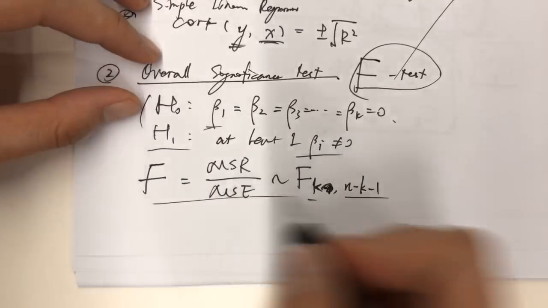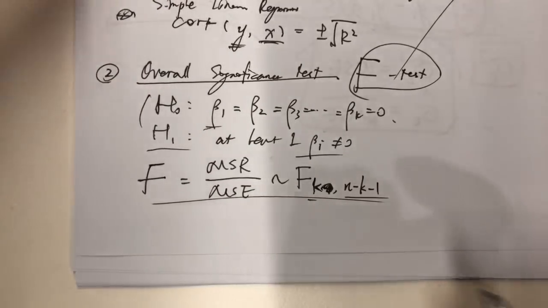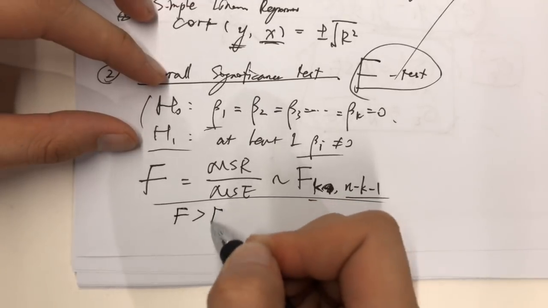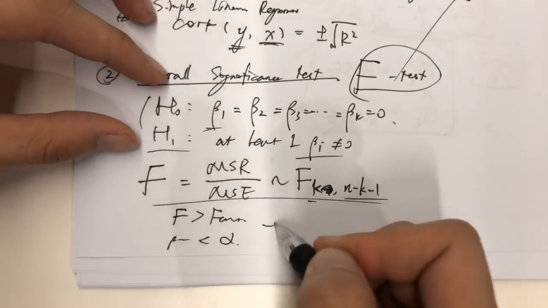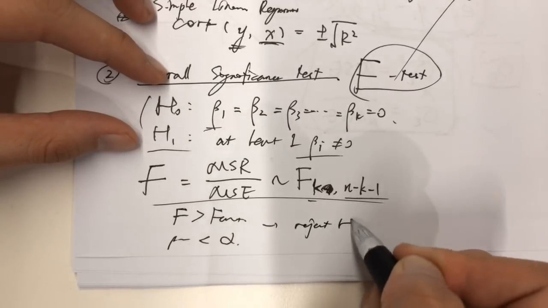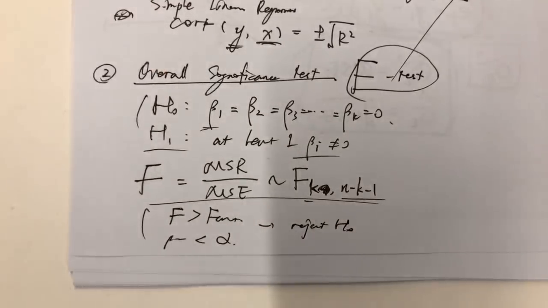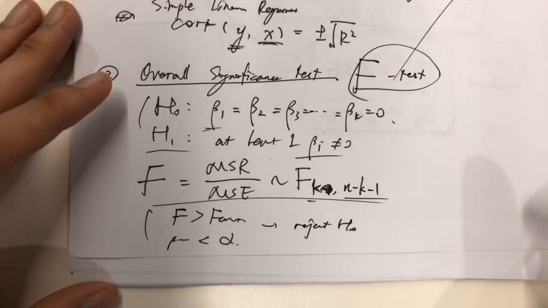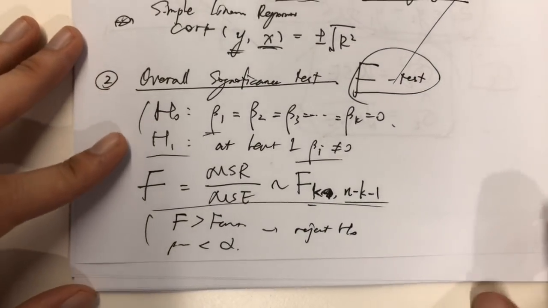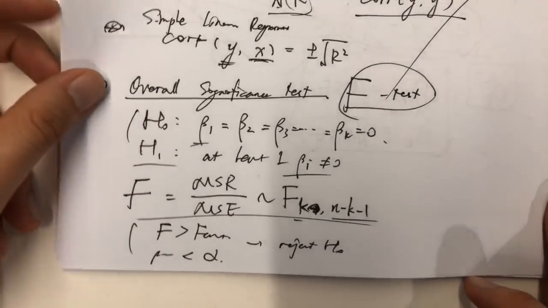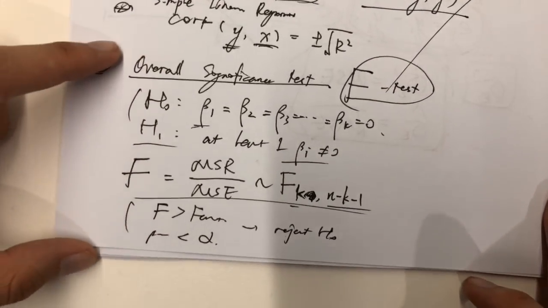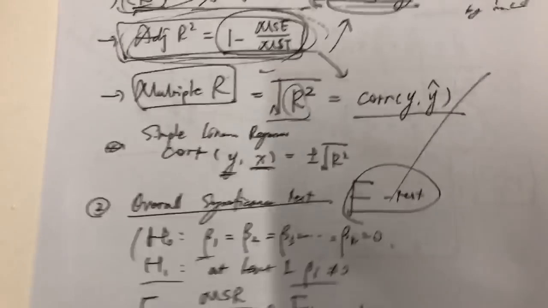And again, the decision rule can be F greater than F critical or p-value less than alpha, and then we reject the null hypothesis. Okay, so this is very easy. Now you probably practiced it a lot in your major assignment, I guess. Yes or no? I'm not quite sure, but you need to know the overall significance test, right? That's all about the details of the overall significance test.